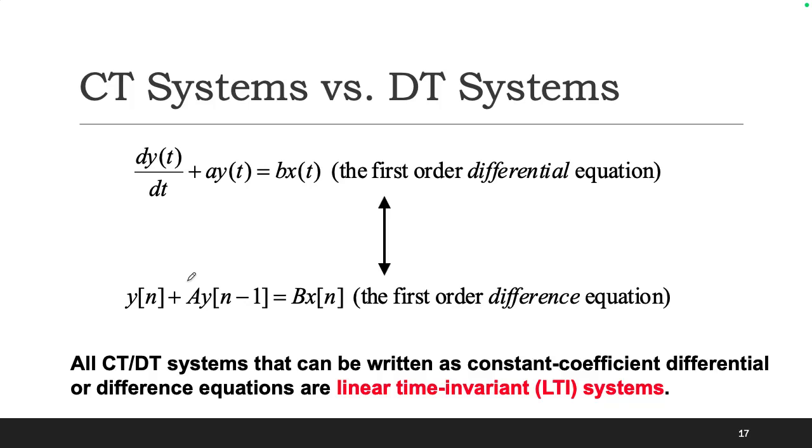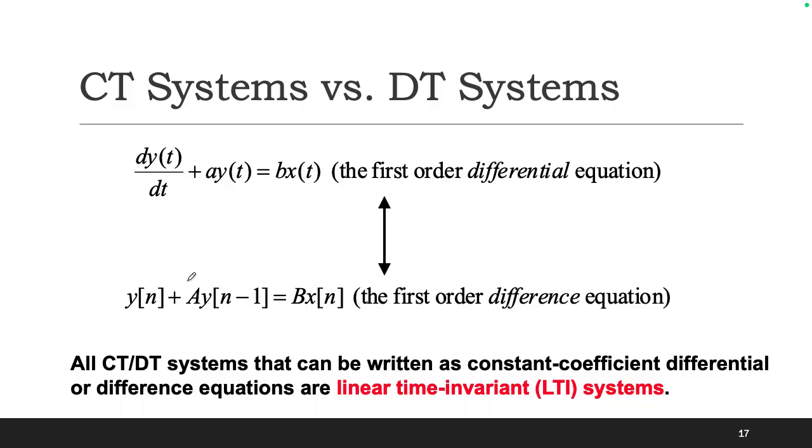We will learn what LTI is and how to deal with these systems. But you just remember, if you can write your CT or DT system in this form, then that system is a linear time invariant system. Any questions so far?